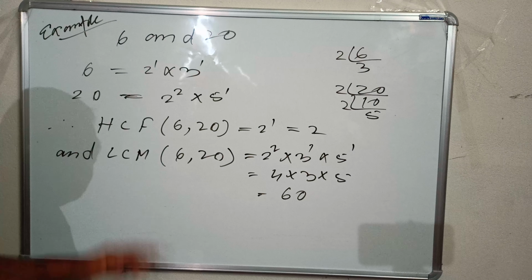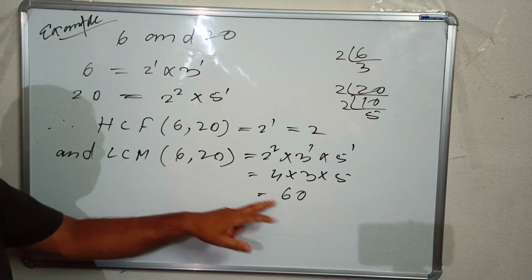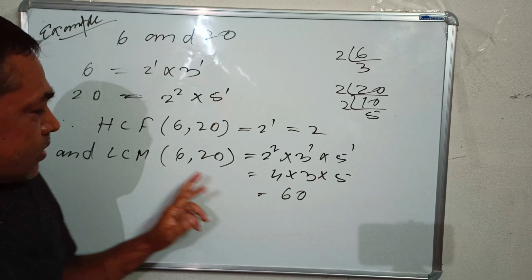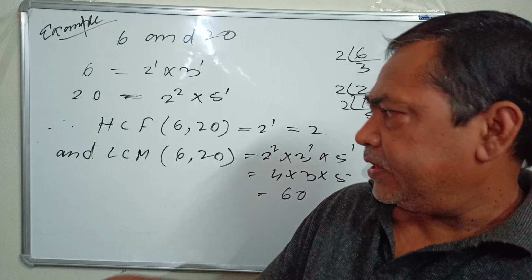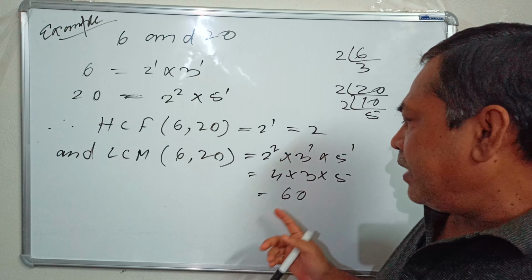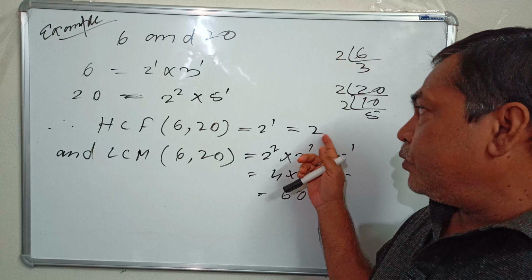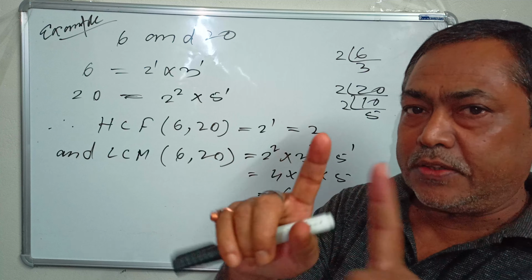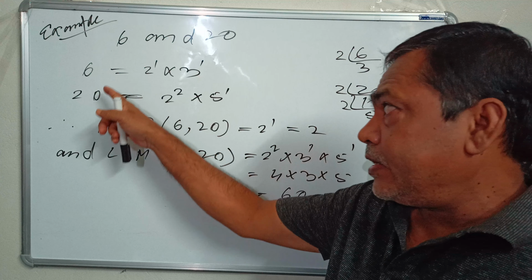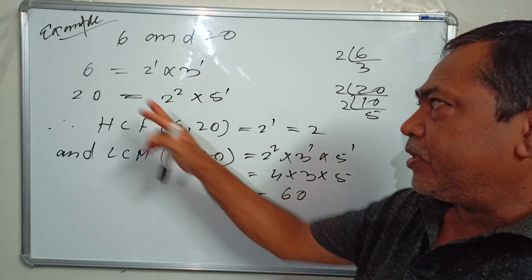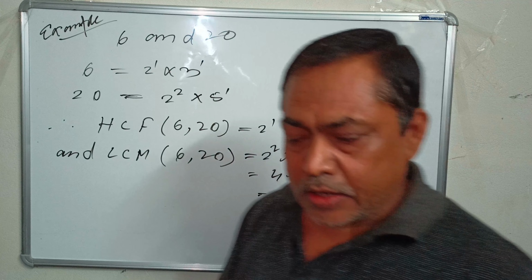Now you see, 6 can divide 60, since 6 tens are 60, and 20 can divide 60, since 20 threes are 60, because a multiple is divisible by its factors. That means 6 and 20 are factors of 60, while 2 is a factor of 6 and 20. See the difference: 2 is a factor of 6 and 20, whereas 6 and 20 are factors of 60, which is their multiple. Okay, I hope it is clear.